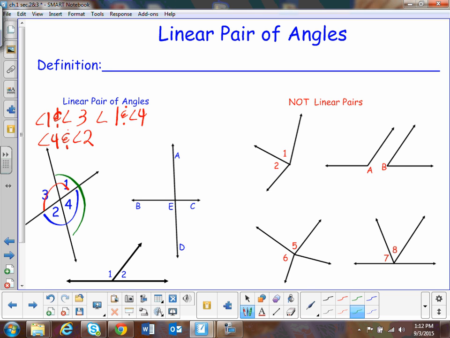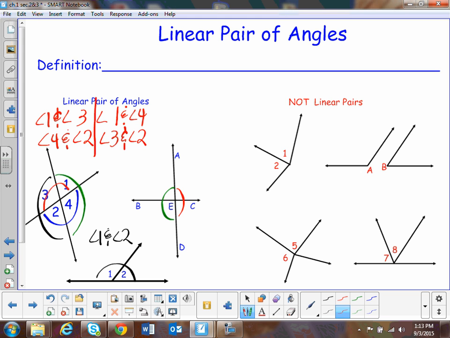And then the last pair, angle 3 and angle 2. This one down here, angle 1 and angle 2. Over here, I'm not going to name all of these, but those two right there would be a linear pair. These two over here would be a linear pair. These are all examples that are not linear pairs.